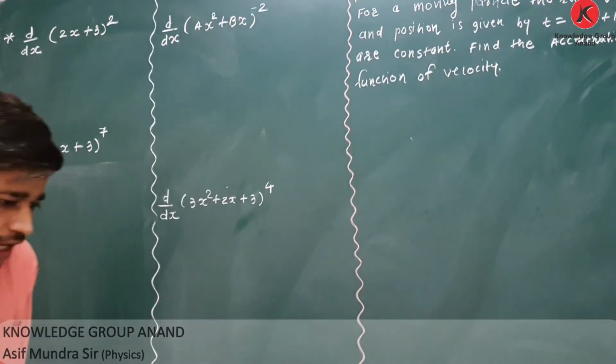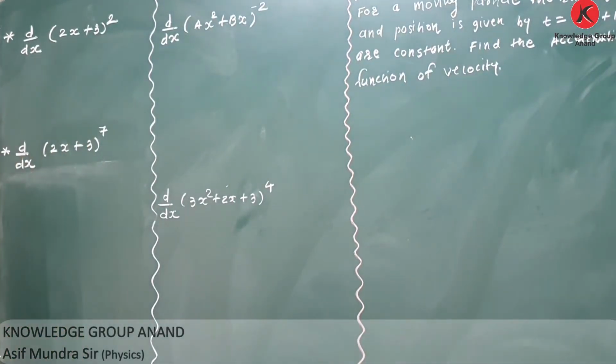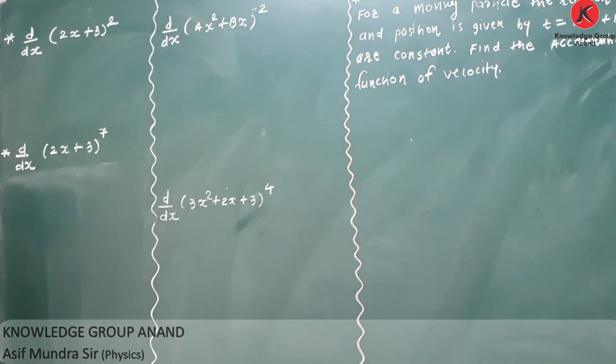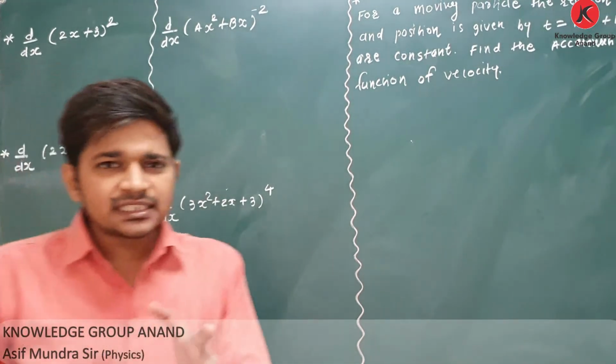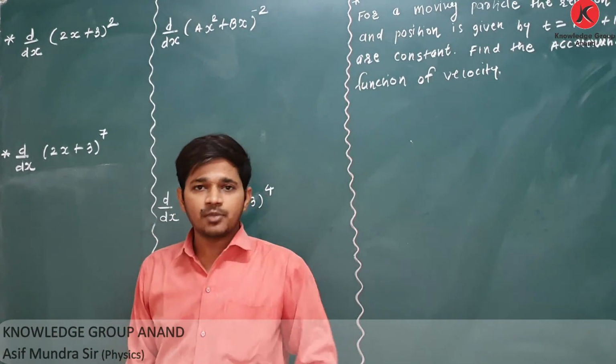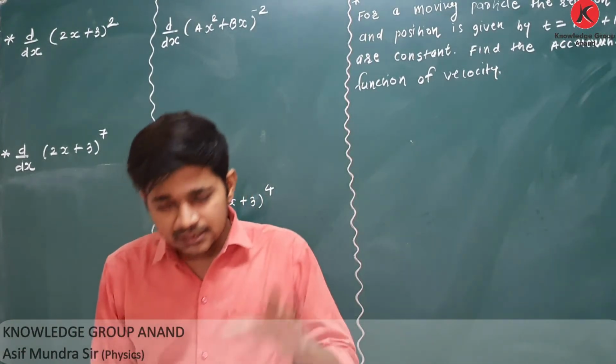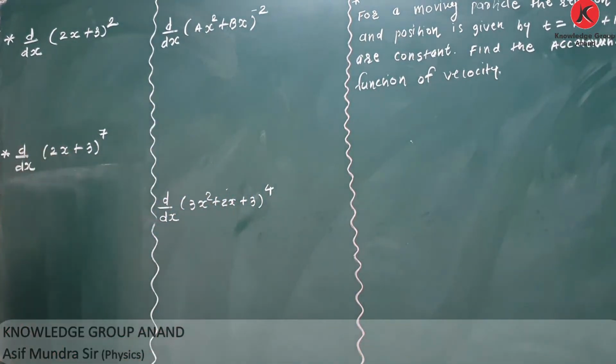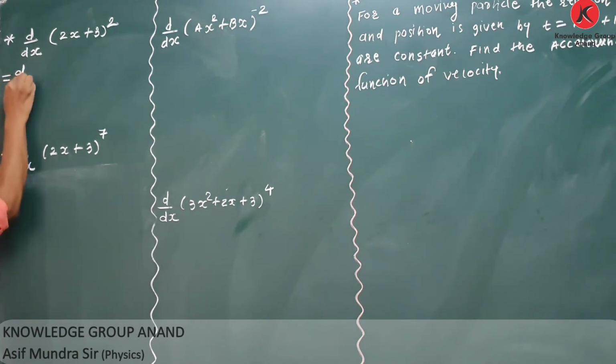Okay, students. See, we have studied what differentiation is, differentiation of simple terms. But now if you are given some complicated term, how to differentiate it? For example, if you are given d upon dx of (2x plus 3) whole square, then you know how to differentiate this. First of all, simplify this.